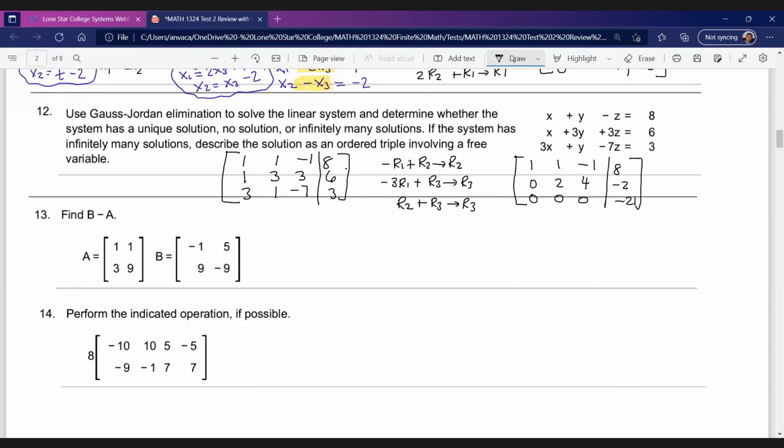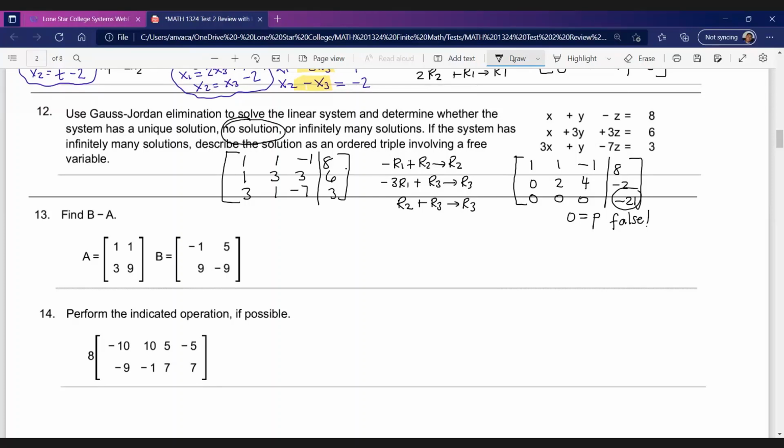I might have made a mistake here. But what happens is that we have a row of zeros that equals negative 21. So here is 0 equaling some number. And so therefore, this will be false, and therefore, this example will have no solution.